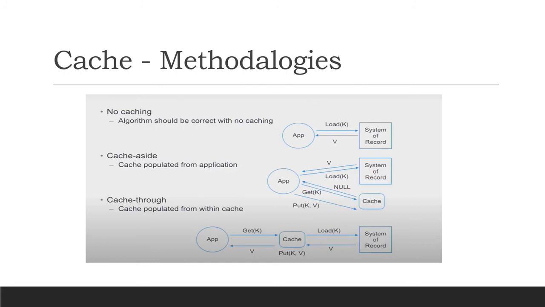Cache aside means the application first sends the request to the cache. If the cache returns null, then it goes directly to the database and retrieves the data. Then the data is put in the cache.